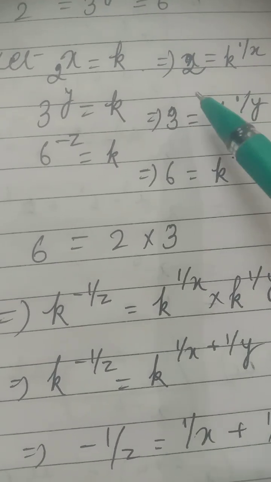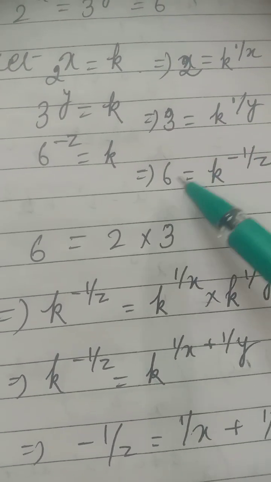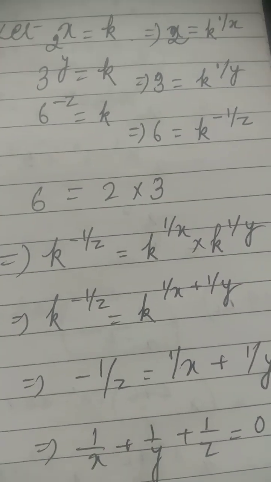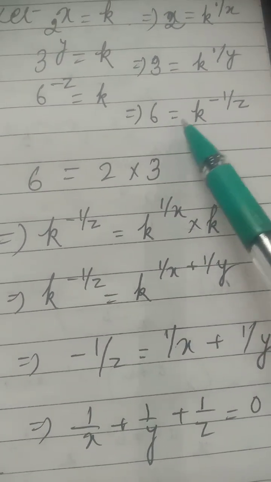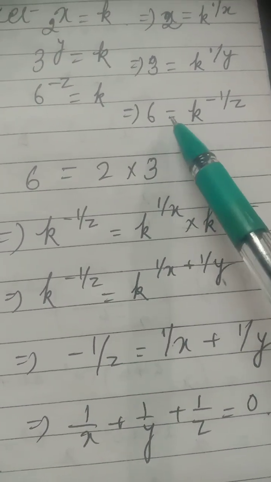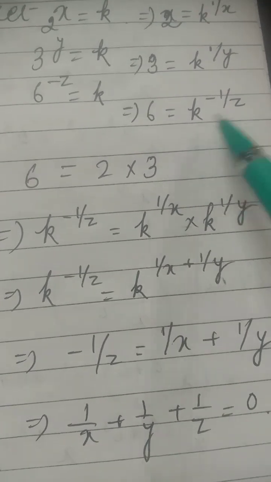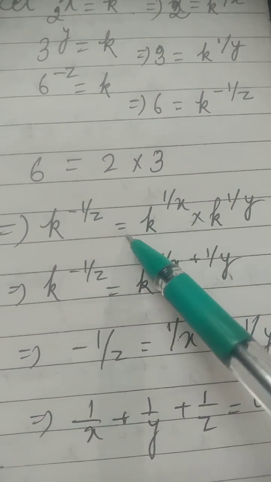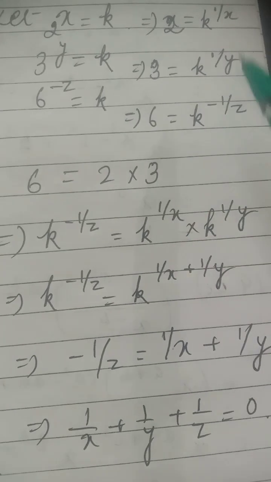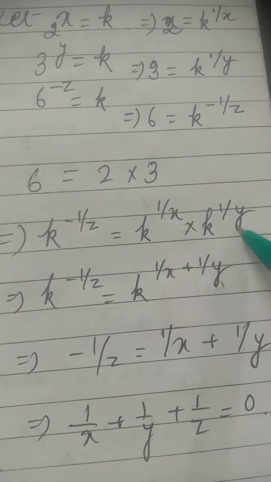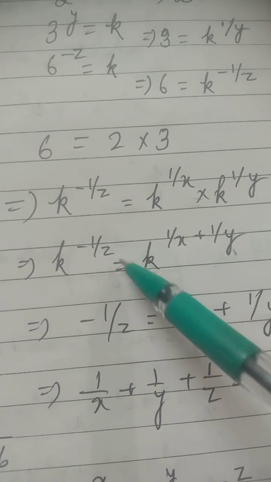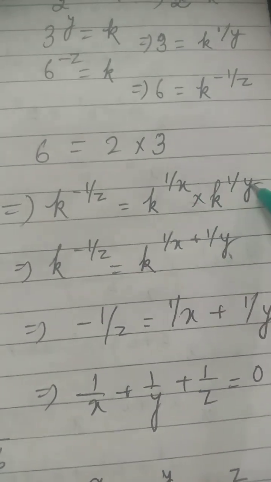Now what is the relation between 2, 3 and 6? We can write 6 equals 2 into 3. So now just put the value of 6, k to the power minus 1 by z. So k to the power minus 1 by z equals k to the power 1 by x into k to the power 1 by y. Now the powers will be added.